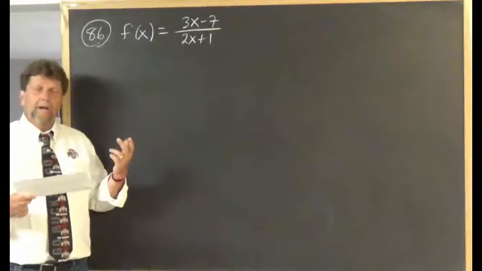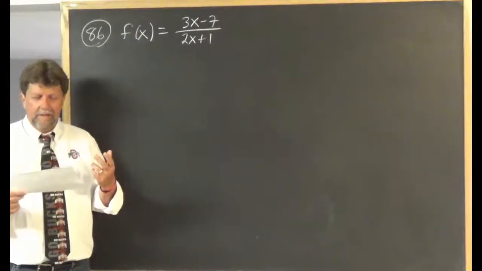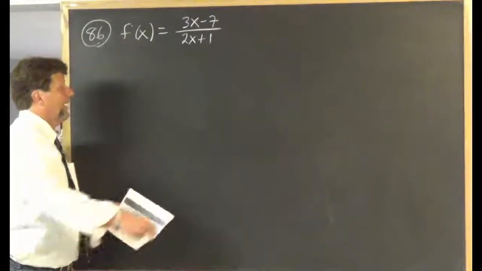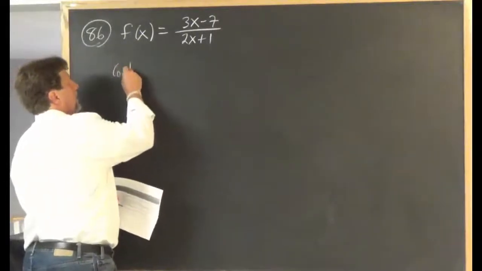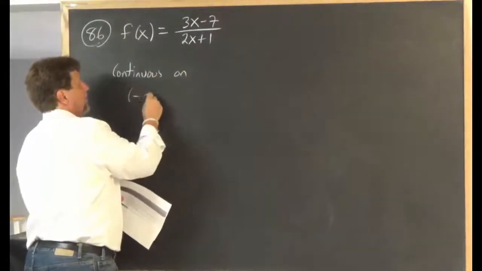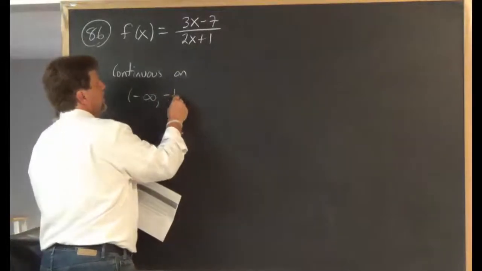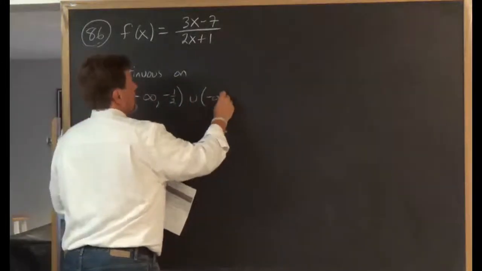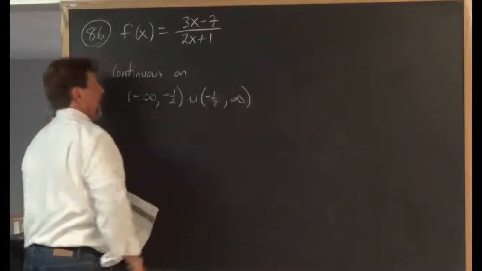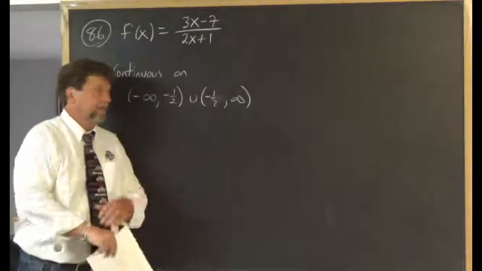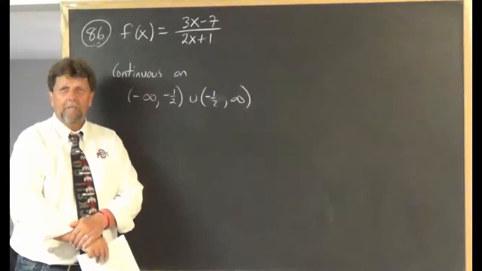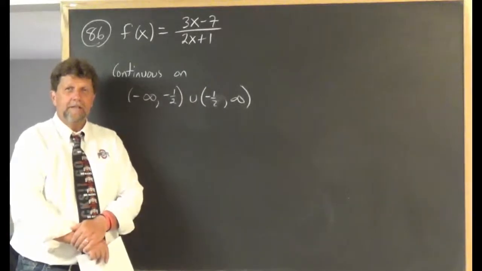So actually number 86 was the last example we did, part B. So hopefully you got what we did in that example, that it was continuous on negative infinity to negative 1/2, union with negative 1/2 to infinity. When I did that example part B, I didn't even realize it was number 86.